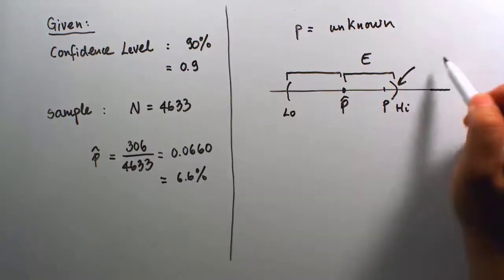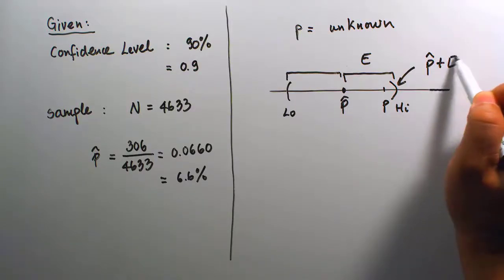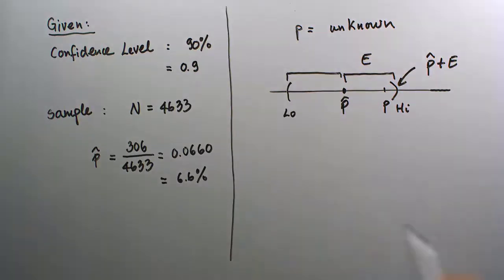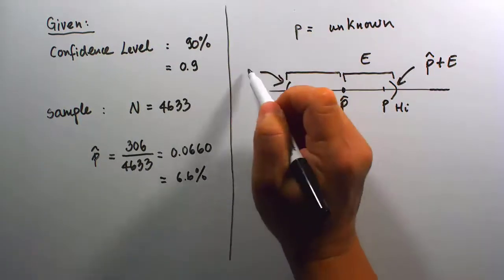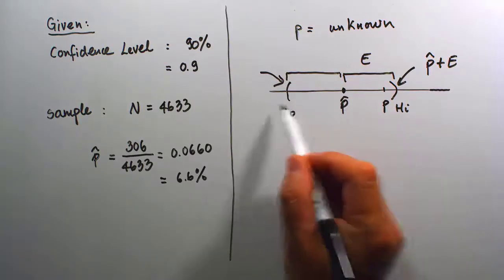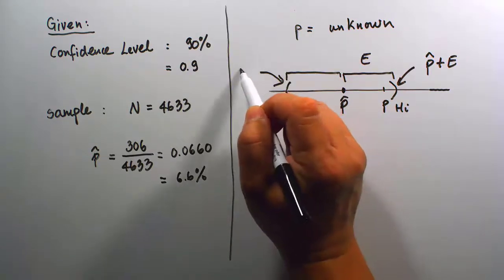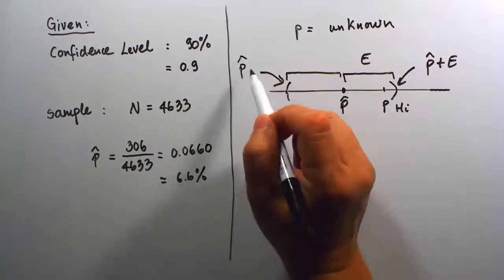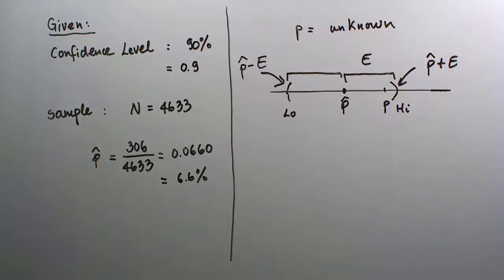In the way the picture looks, mathematically the high end is the p hat value plus the margin of error. And in the same way, this low end right here, numerically as a value on the number line, will be p hat that we currently know minus the margin of error that we will be able to find out.